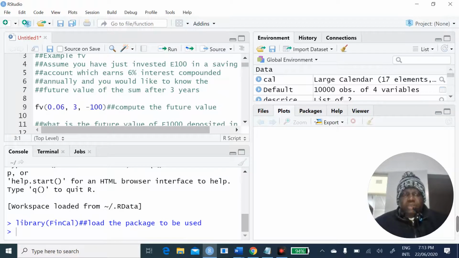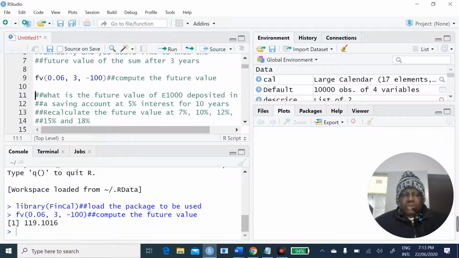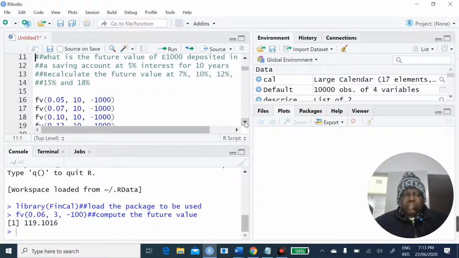So we have FV(0.06, 3, -100). Run it. So the future value of the sum after 3 years is 119.10 Emalangeni. Very straightforward.